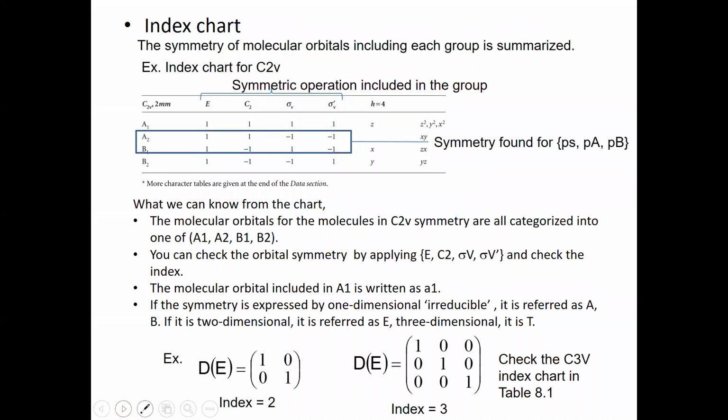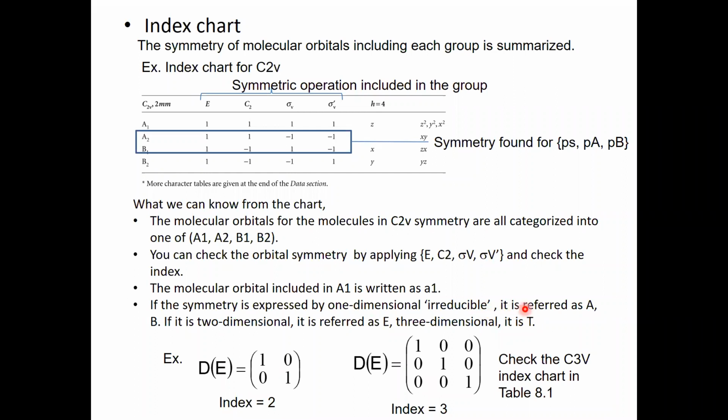However, in some cases, it is reducible. And sometimes the transformation matrix is actually still a matrix. In this case, the index becomes 2. And the index can become 3 for some of the molecules. Okay?